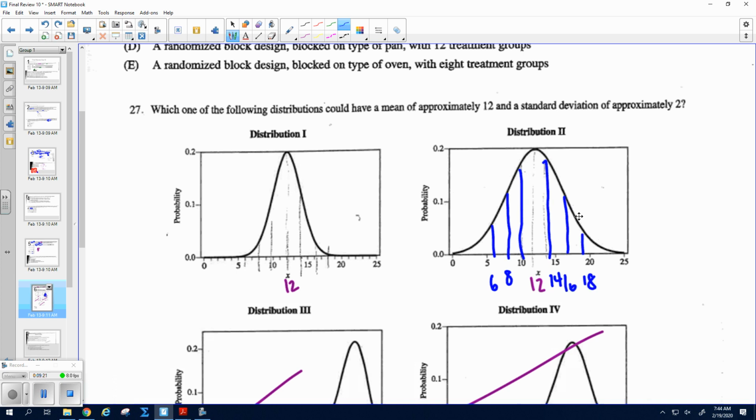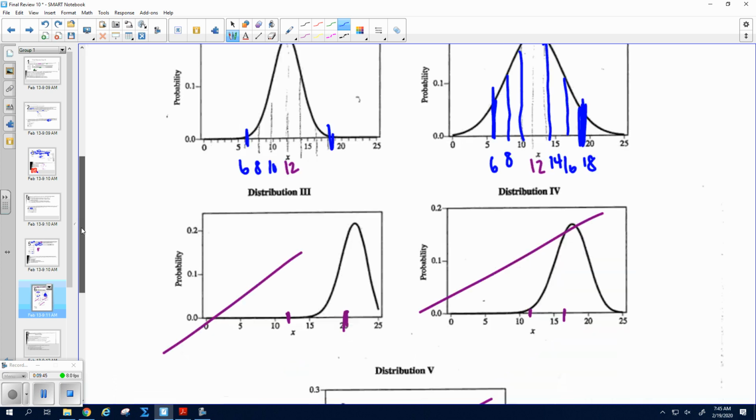This third standard deviation should really include 99.7% of the data, and it doesn't go far enough on that one. Whereas this one, if I go down 10, and then 8, and then 6, that's a lot more of the graph. If you go 3 standard deviations above and below, that includes most of the data. So the correct answer is distribution 1, which is A.